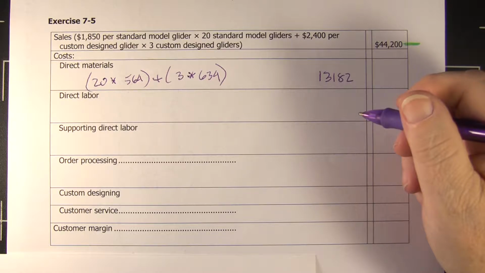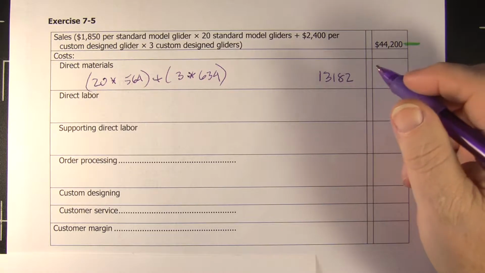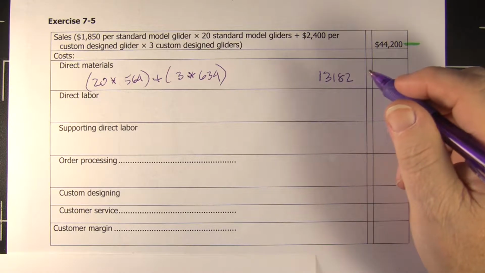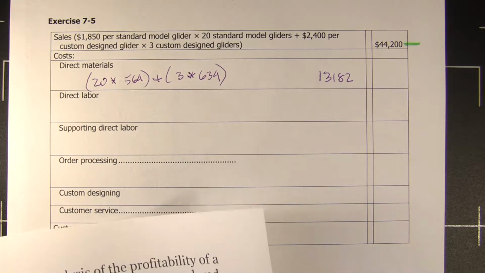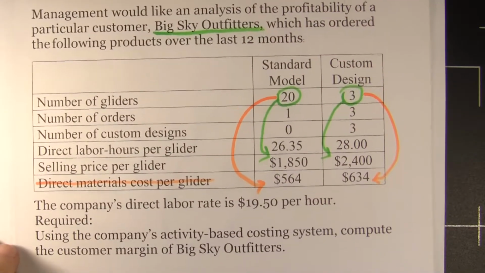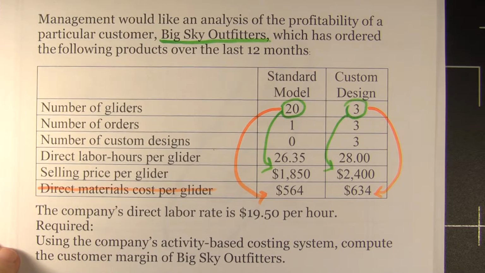Now, our direct labor, for each, we have to figure that out. Let's see, they tell us that each glider, and this is the piece that you can miss, so you have to be careful here.